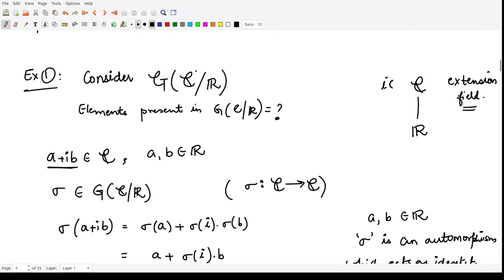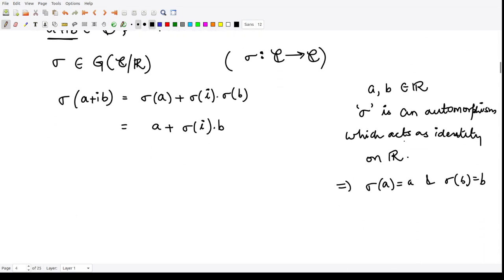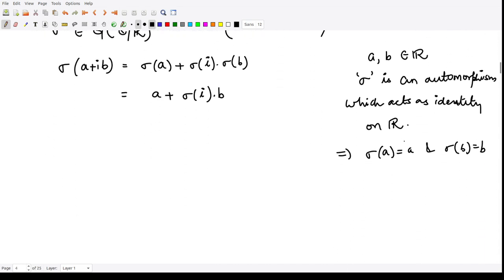So iota belongs to this higher field and not here, whereas every element of this particular field is kept fixed under this mapping sigma.